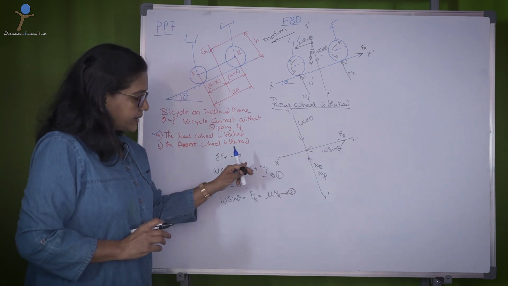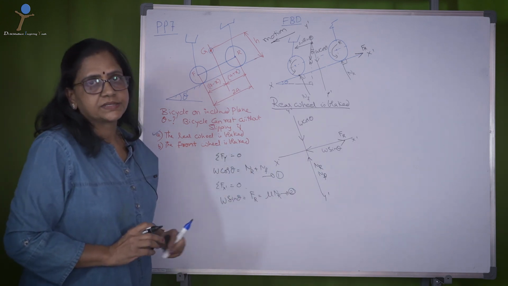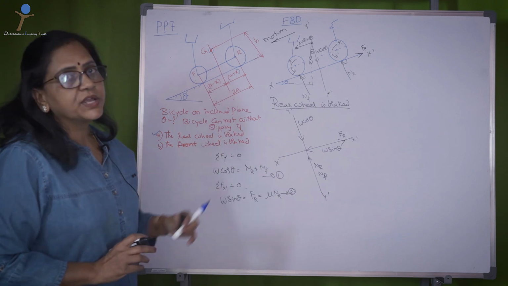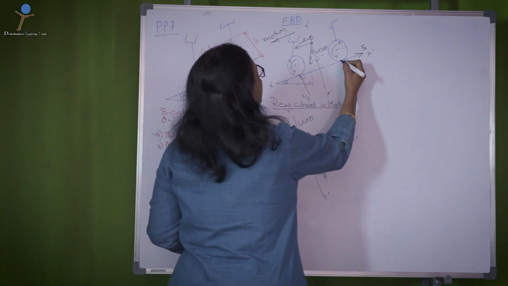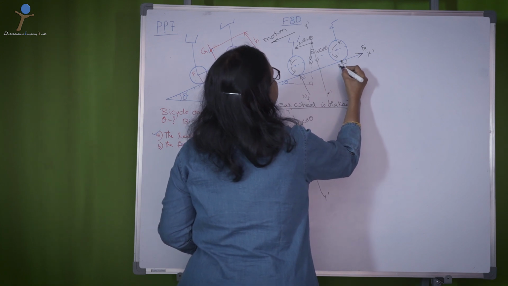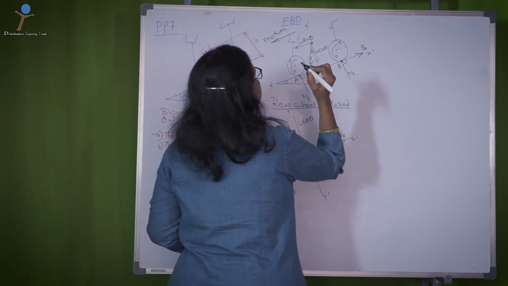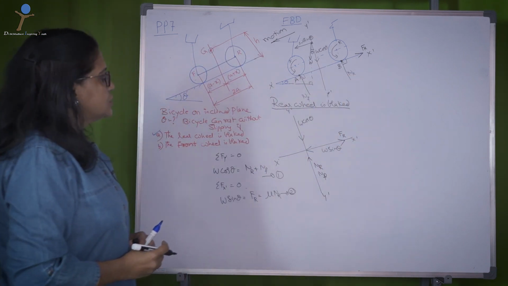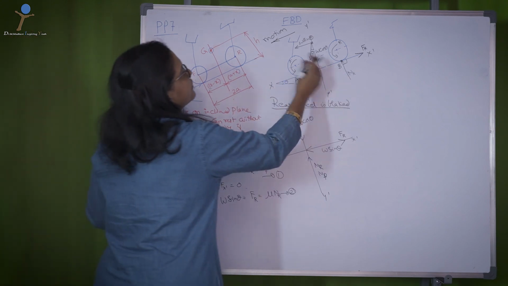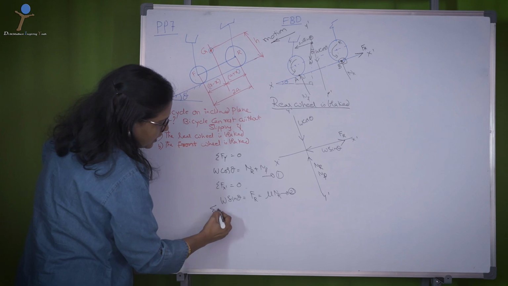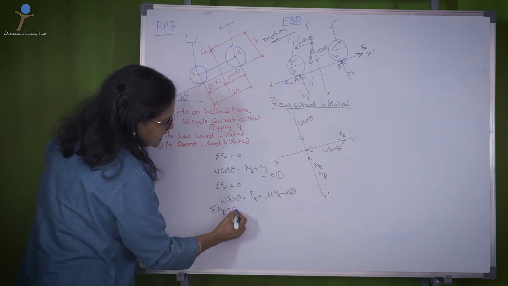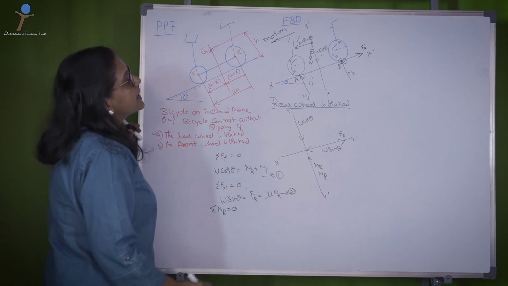So the unknowns are more than the equations. Let us write one more equilibrium equation. Let me call this point B and this point A. I will take moment of the forces about B, so sigma MB equal to 0.